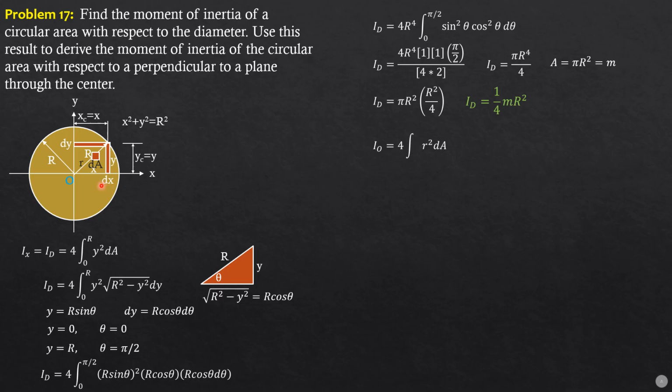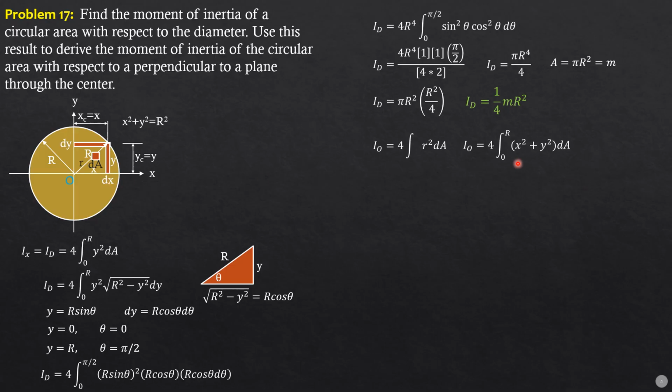So this time, the moment of inertia of this circular area with respect to an axis through the center perpendicular to the area. So r squared from the figure is of course x squared plus y squared. So that would be I O, integral from 0 to big R of quantity x squared plus y squared, the distance from the y-axis x of that differential element, and from the x-axis, it's y.